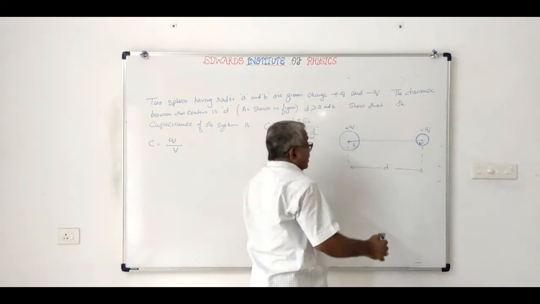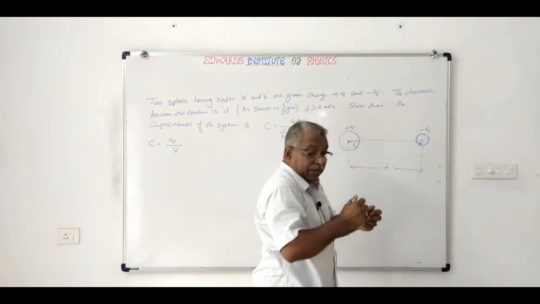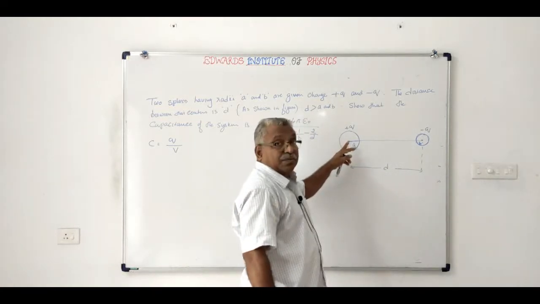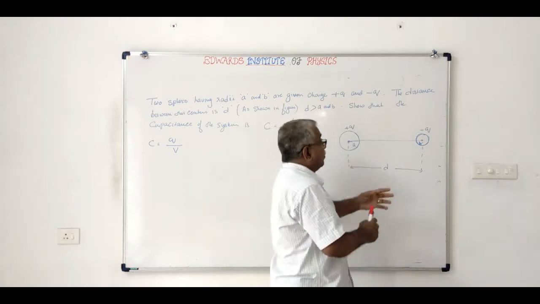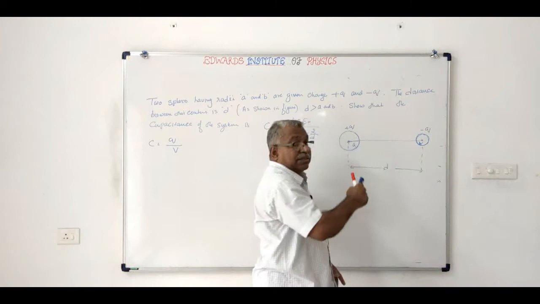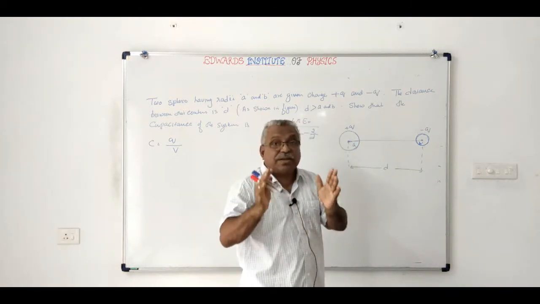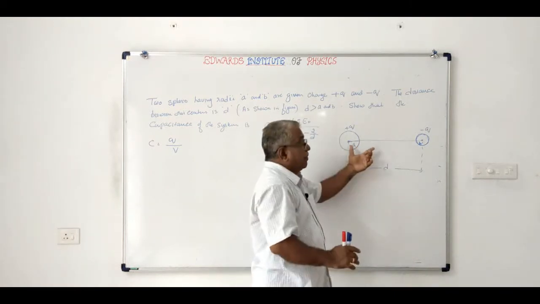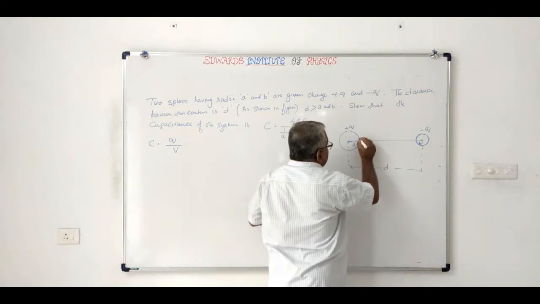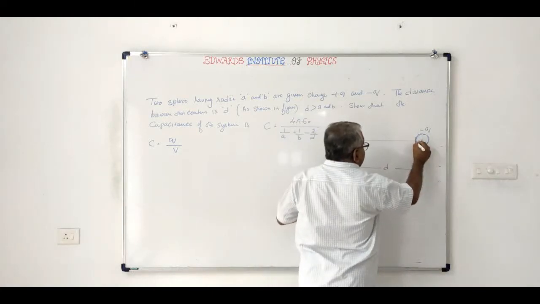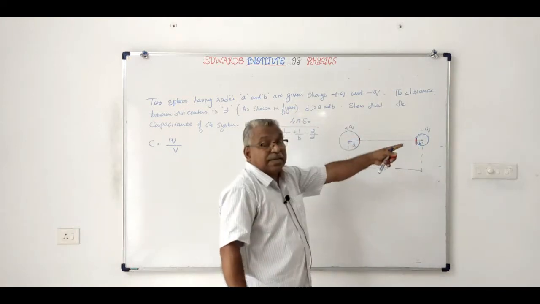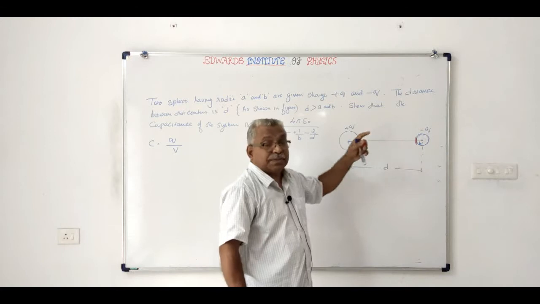The charge plus Q will create a potential here, and minus Q will give a potential here. So you have to find the potential difference between these two. Imagine that this is the surface, the separation point. You have to find the potential difference created by these two spheres.